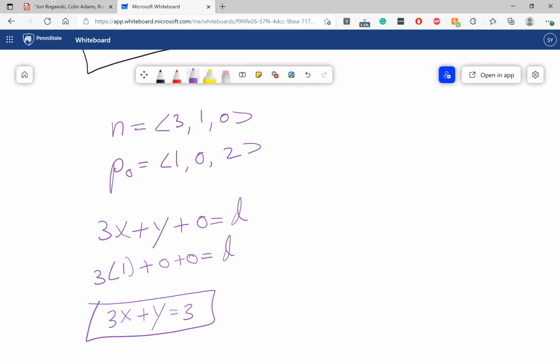And this looks like a line, but it isn't. In 3 dimensions, the z is not restricted. So z goes in every direction. So this is in fact a plane. Okay, and we're going to stop here.